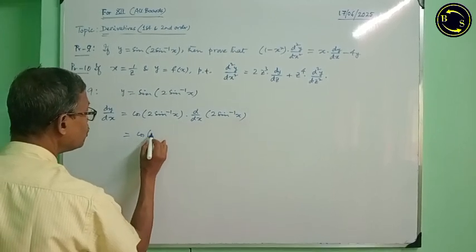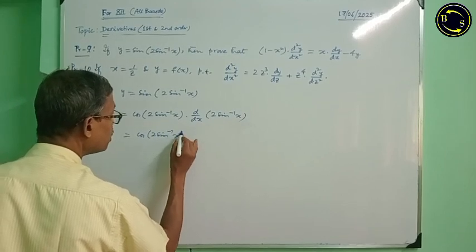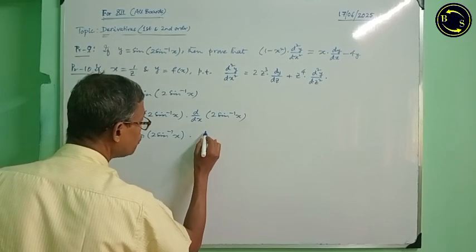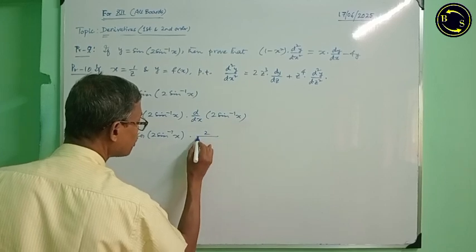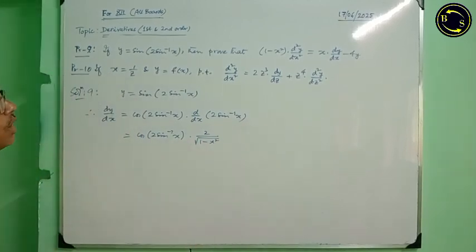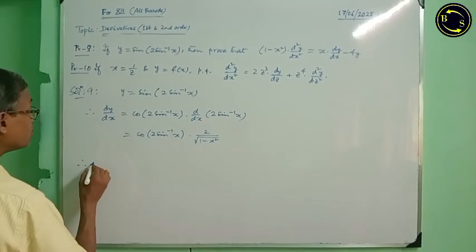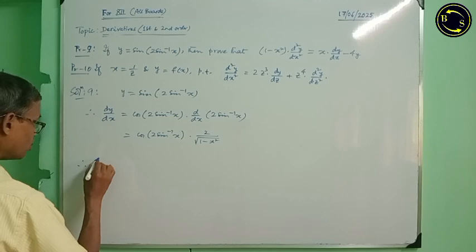Cos of 2 sine inverse x into 2 by under square root 1 minus x square. Therefore, I multiply it with the left.